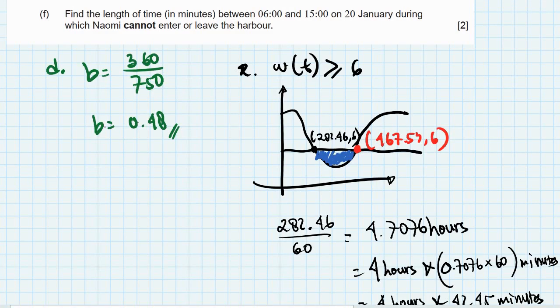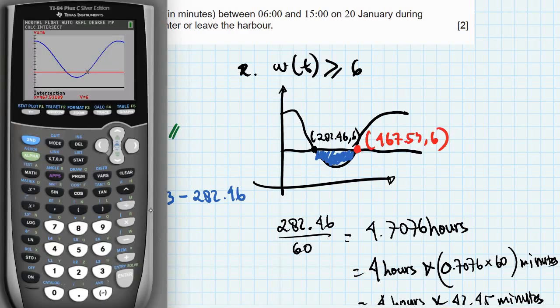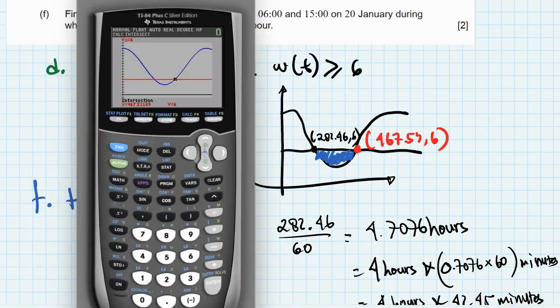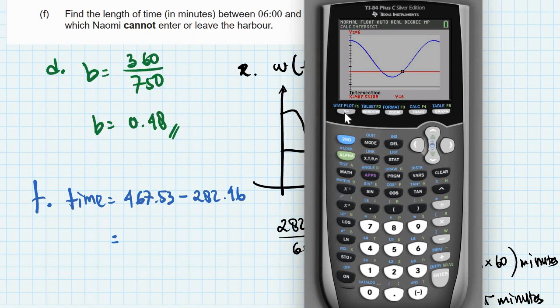So for F, I can just write it here so we can see it clearly. For F, the time equals 467.53 minus 282.46. Okay, let's input it in the calculator.